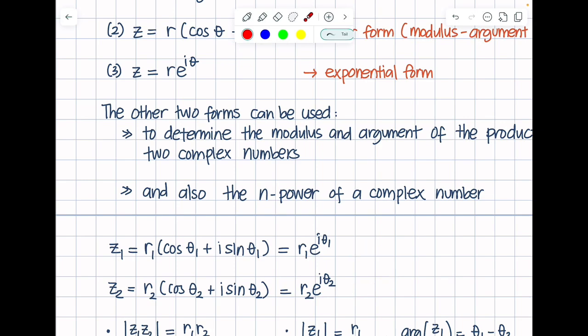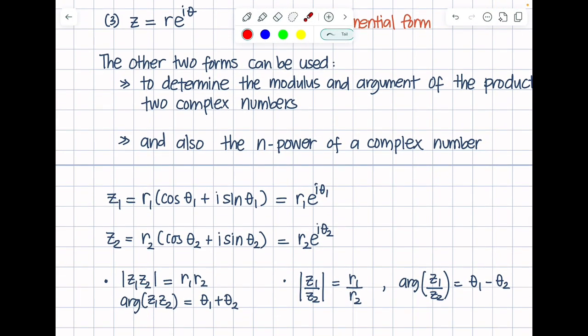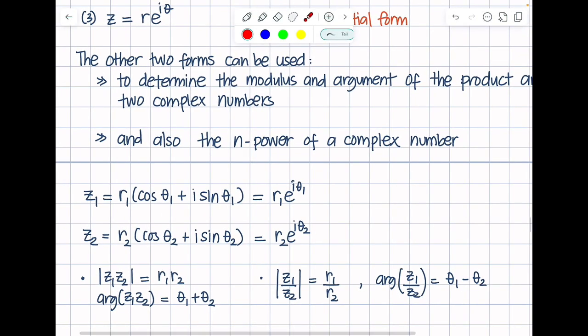Without doing multiplication like algebraic expansion, we can state that the modulus of z1 times z2 is r1 times r2, and the argument is theta 1 plus theta 2. Similarly for the quotient, the modulus of z1 over z2 is r1 over r2, and the argument of z1 over z2 is argument 1 minus argument 2.